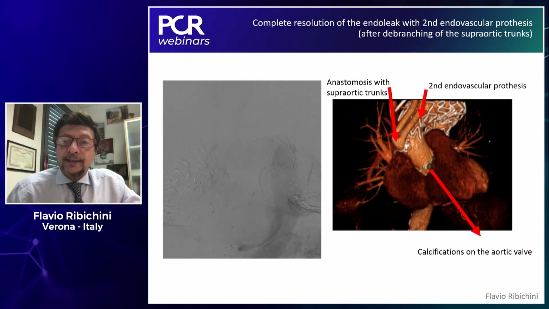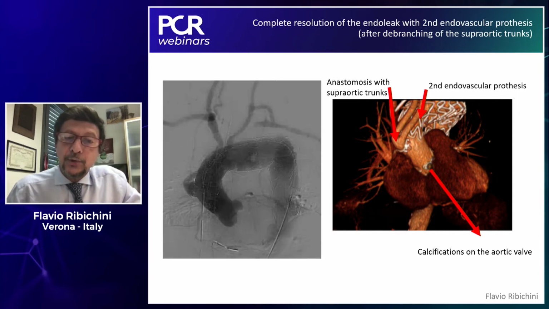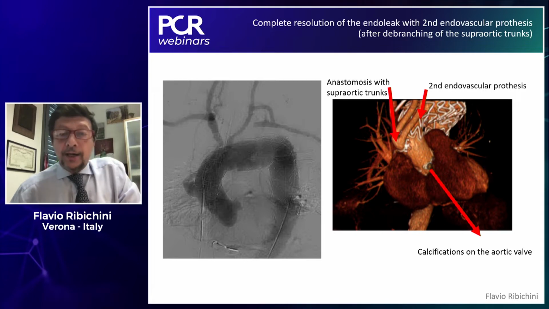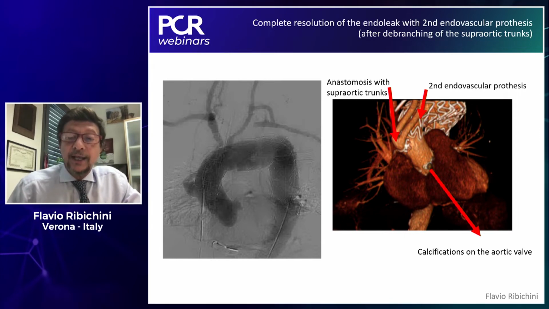Next one, with an endoleak. So he received, first of all, a debranching and a second endovascular treatment for the exclusion of the endoleak. But this patient developed severe aortic stenosis. So at that time, after several surgical and hybrid interventions, we didn't want to open his chest and the aorta again. So we did perform a TAVI procedure.